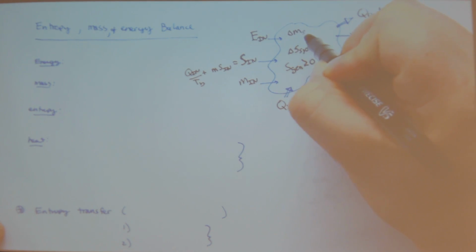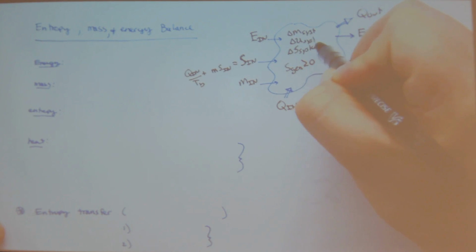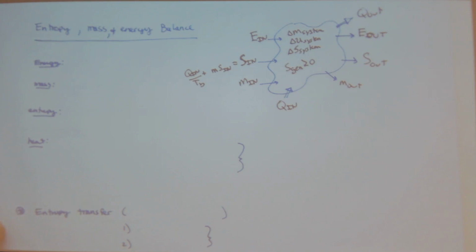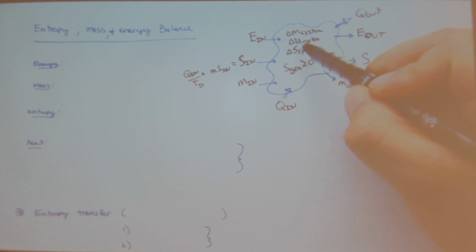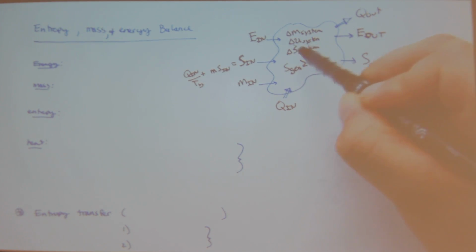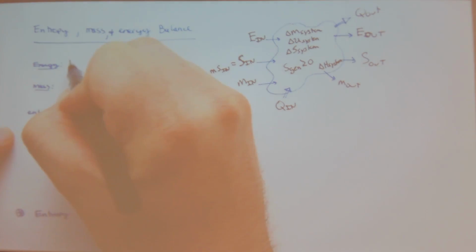I have a change in mass in my system and a change in internal energy in my system. Or I could look at this relation between the volume and pressure of my system and get a change in enthalpy in my system. I'm not going to do an enthalpy balance, but I'll just write out the energy balance.